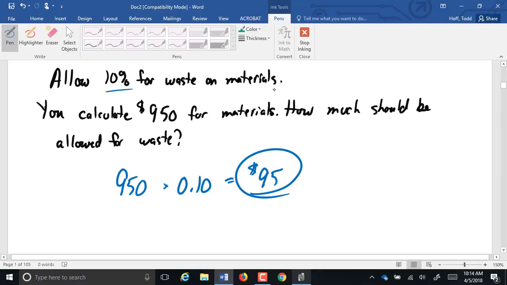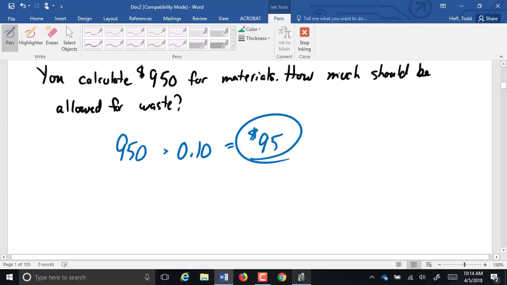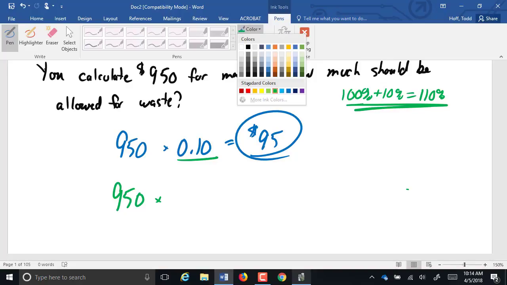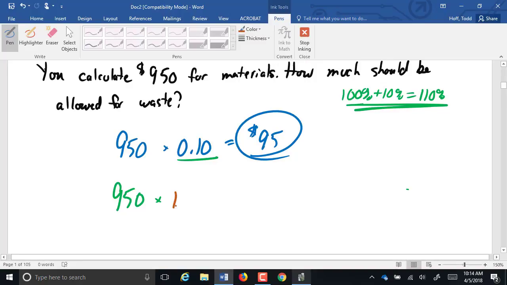Now you can combine this with what we learned up above with our percent increases. If we want to know what should be your total budget item, well, your 950, instead of times 0.1 for 10%, remember 100% plus 10% is 110%. So 1.1 is the rate for 110%.